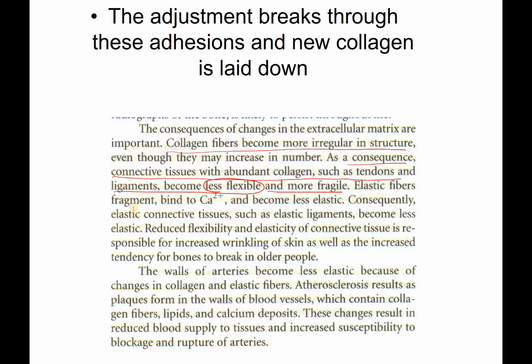Elastic fibers fragment, okay, so you get this fragmentation, and bind to calcium. Keep in mind, calcium is always recruited with macro and micro trauma. You're always going to get calcium come into the scene. So now the tissue becomes less elastic, so the integrity is going down. So consequently, elastic connective tissue, ligaments, and all that become less elastic, and you get reduction in flexibility and elasticity.